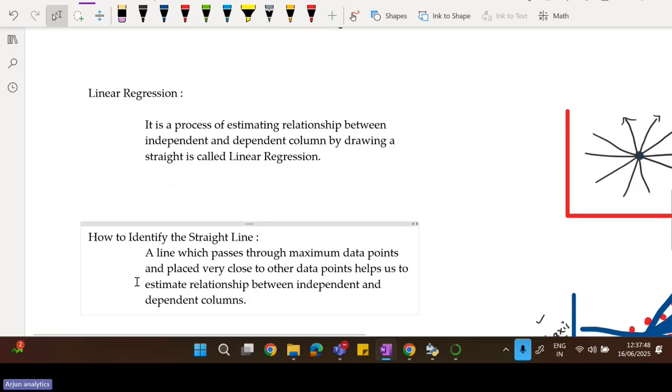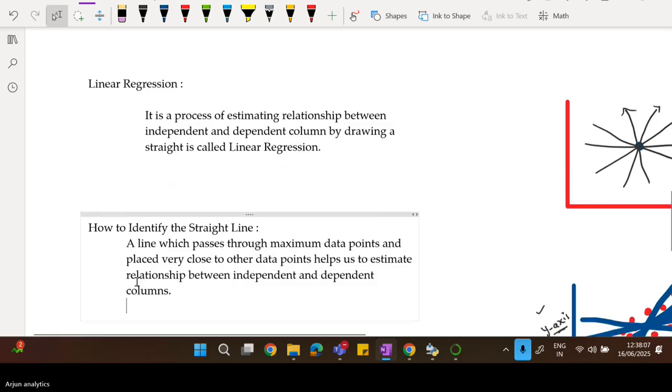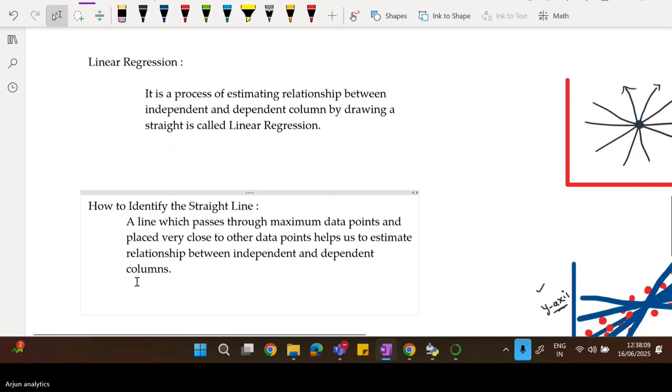Okay? A line which passes through maximum data points and is placed very close to the other data points helps us to estimate the relationship between independent and dependent columns.